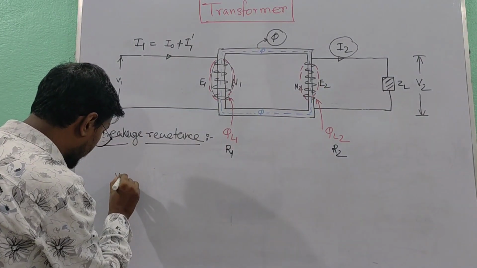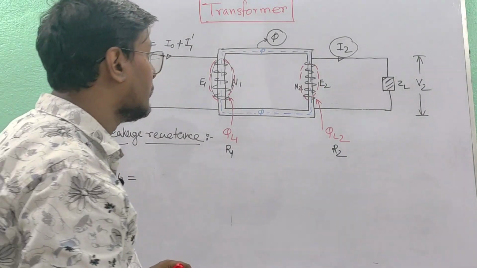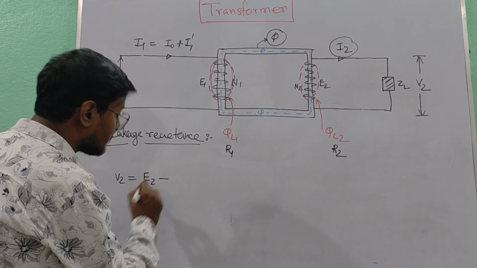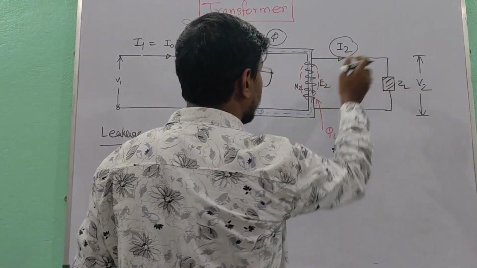Let us write the V2 equation. So what will be the V2? V2 is nothing but E2.